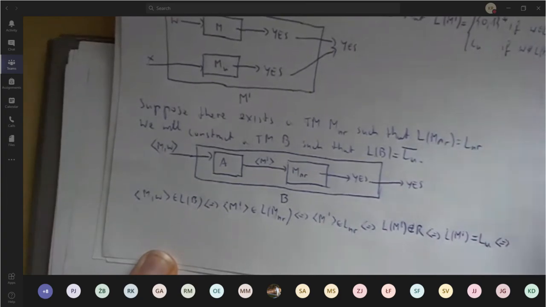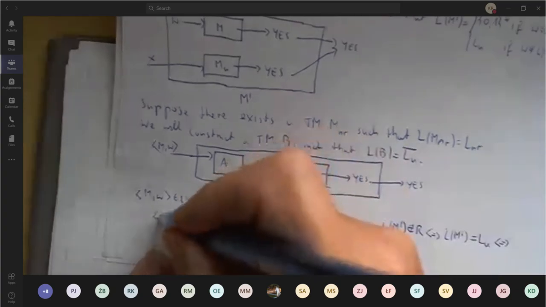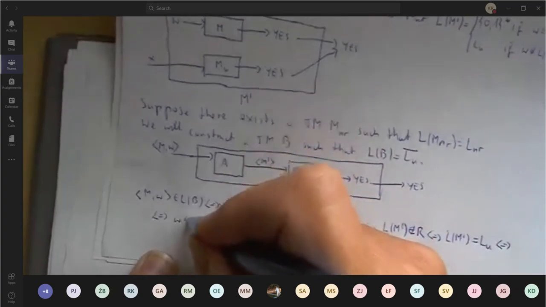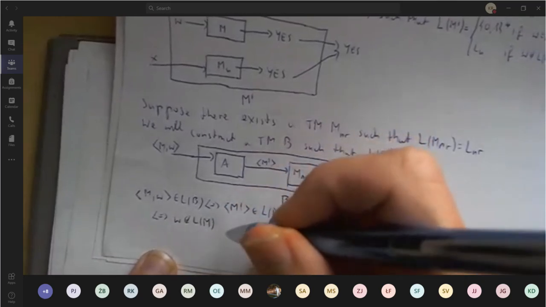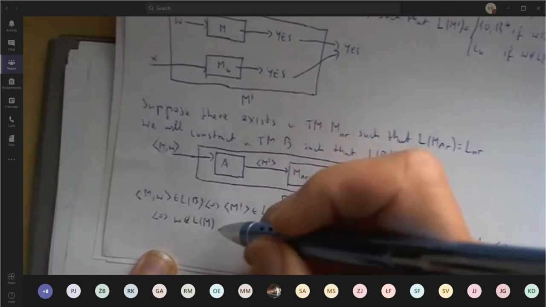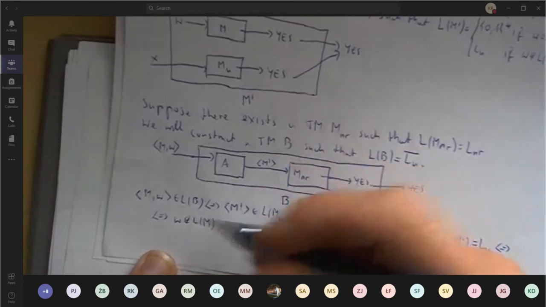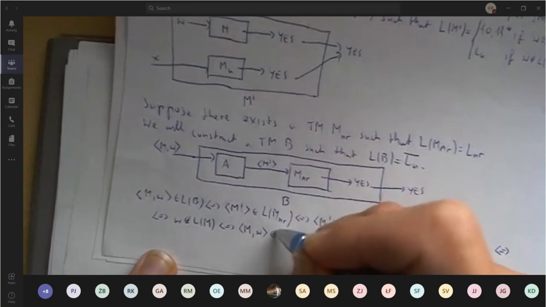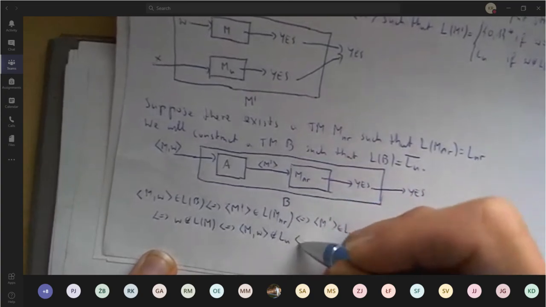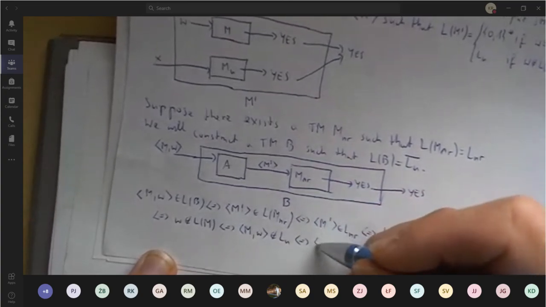And the second option holds if and only if W does not belong to the language of M. And that means that the pair MW does not belong to the universal language, so it belongs to the complement.